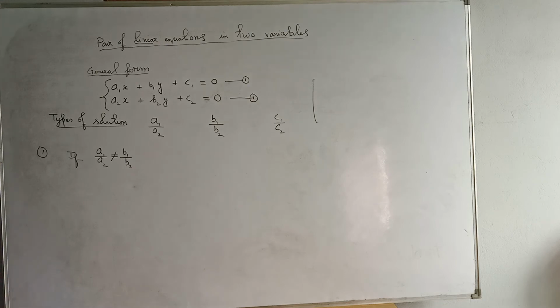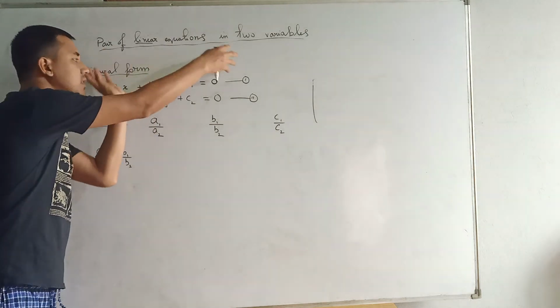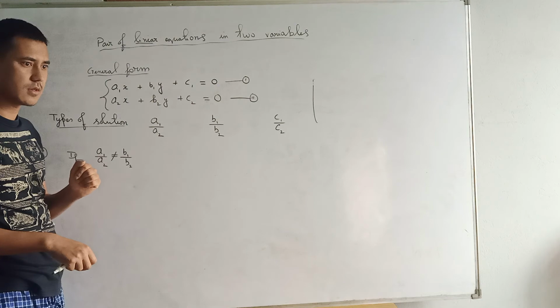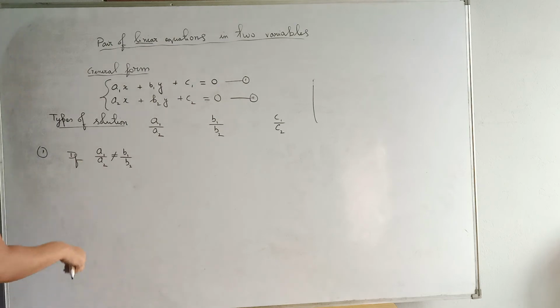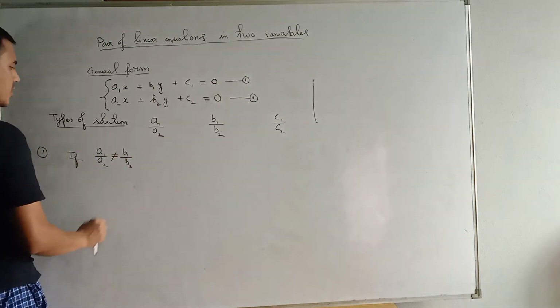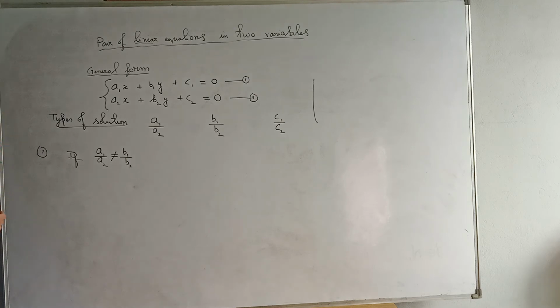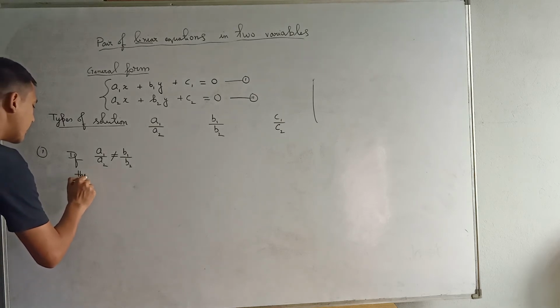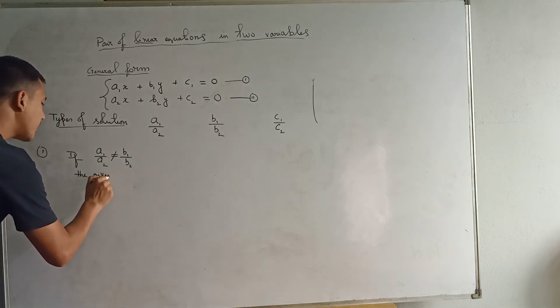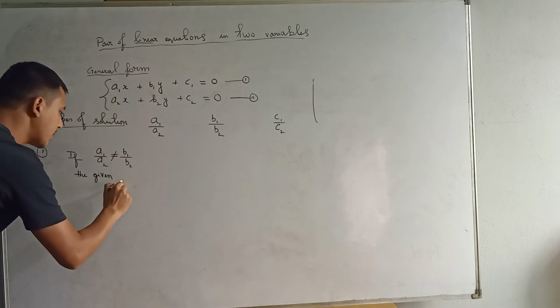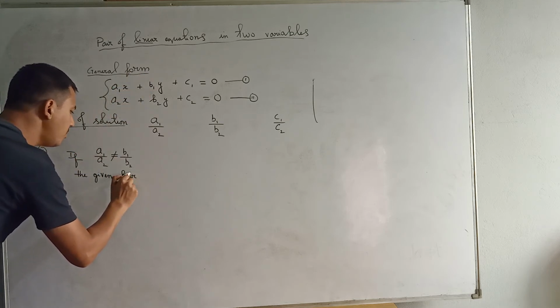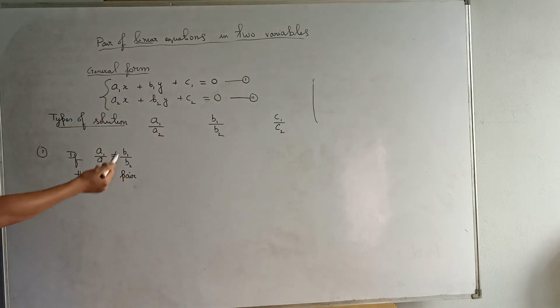Unique solution means there is only one solution. There is only one value of x. There can be only one value of y which will satisfy this pair of equations. Alright? So if the first two ratios are not equal, then we can conclude that the given pair, or we can write system, okay?